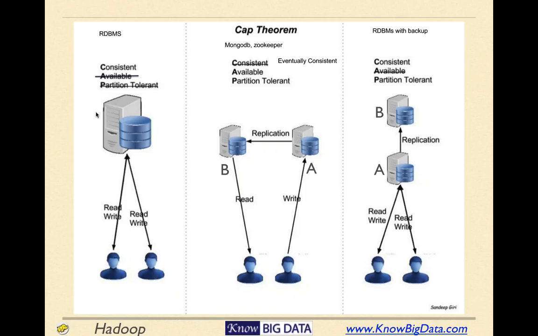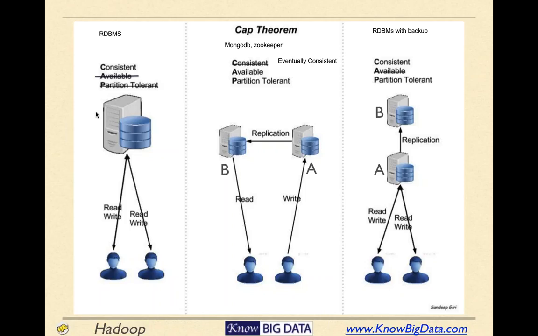Okay, in the second diagram, people are writing to A and reading from B. Although some people would be reading from A as well, therefore people who are reading from A and people who are reading from B will see data at different points of time. Why?